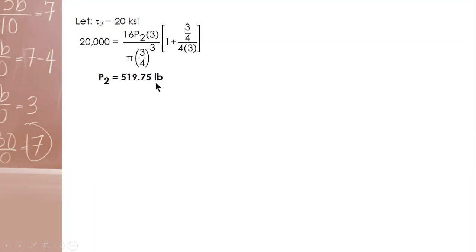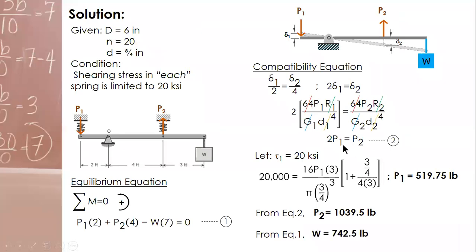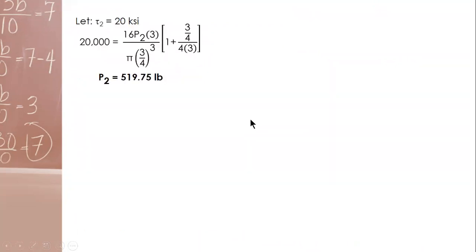We get P2 equal to 519.75. From equation 2, we divide P2 by 2 to get P1. Then from equation 1, we get W equal to 371.25.